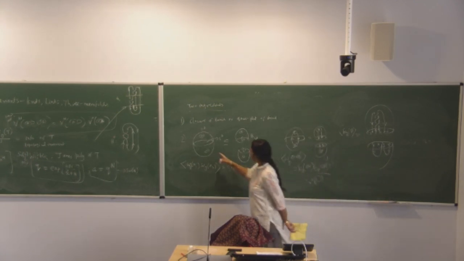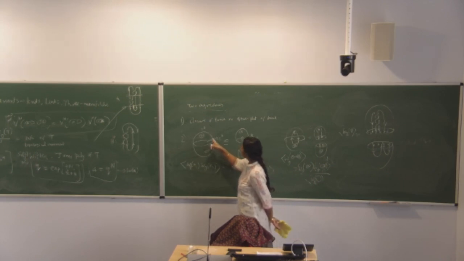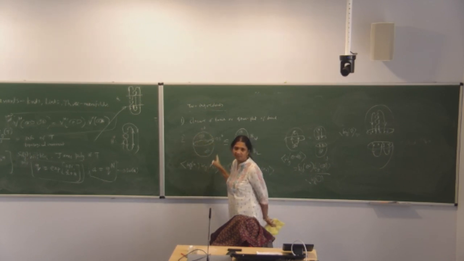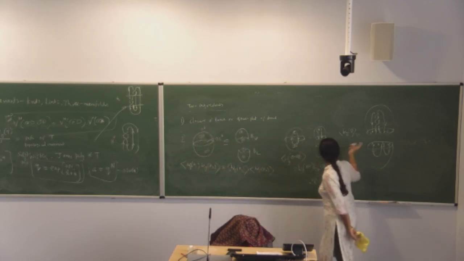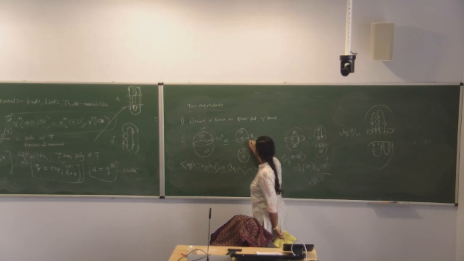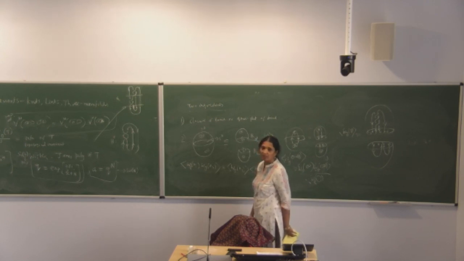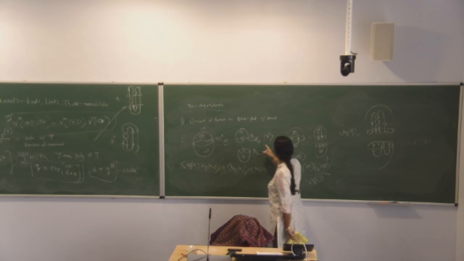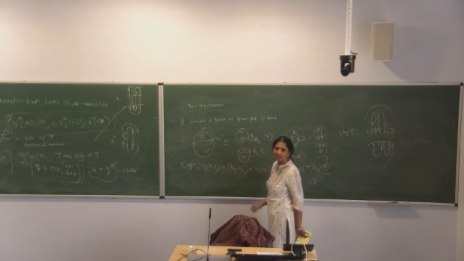So the second ingredient was that to evaluate any of these knots in S3, we try and associate a state psi on the S2 boundary, and this one will be in the dual space.